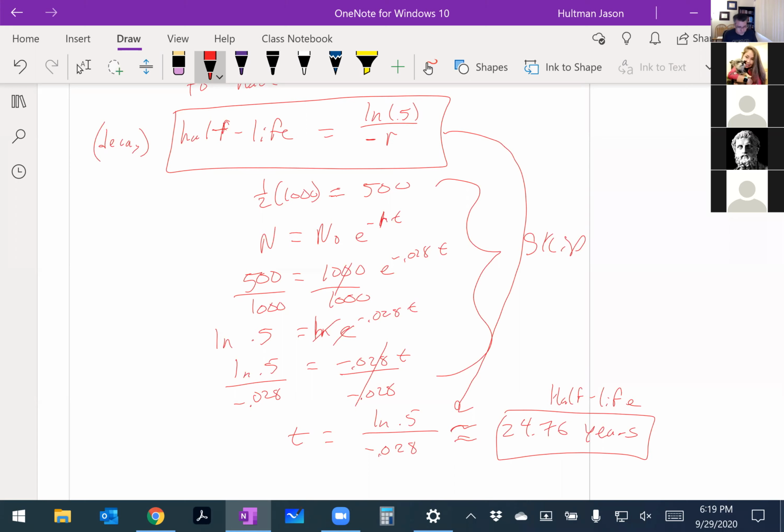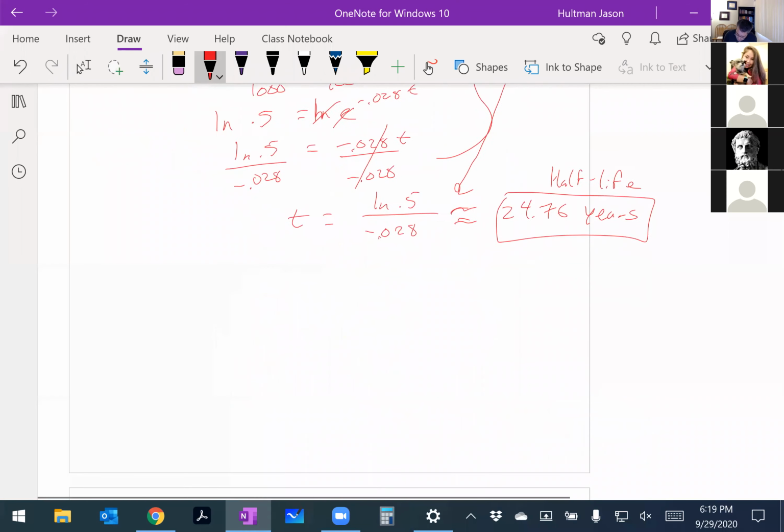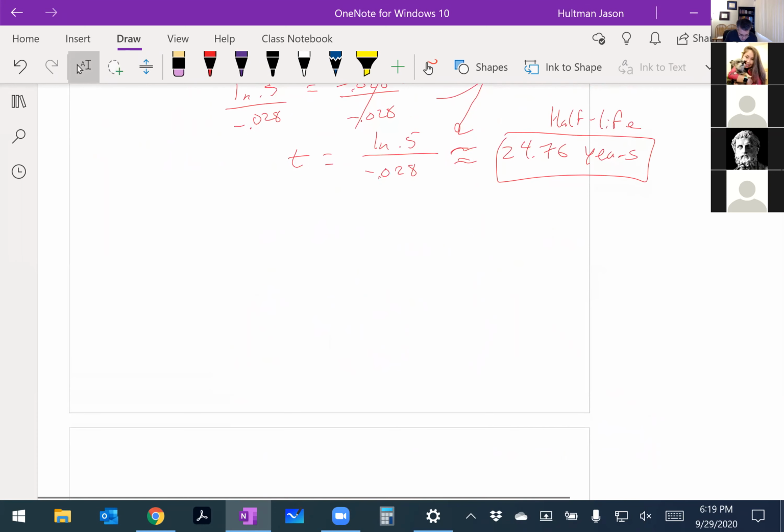Let's move on. Okay, let's talk about present value. How can I find present value?